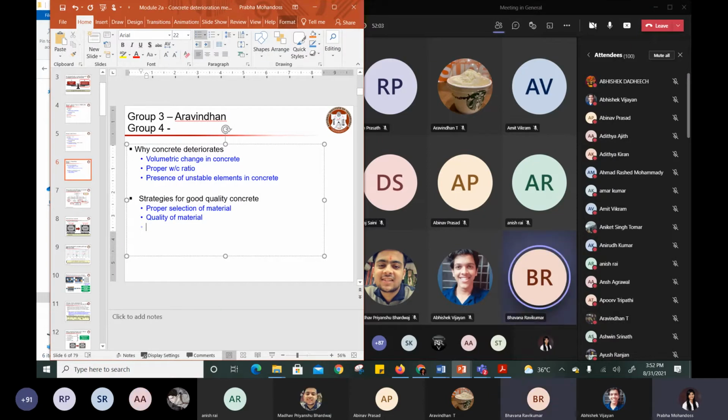That structure is the final one that is going to withstand the outside and be exposed to different environmental or exposure conditions. Now, all the mechanisms mentioned by the previous groups, the possible deteriorations that could result in concrete, are due to external elements that react with the concrete. So now my question is, what in concrete leads to such reactions?